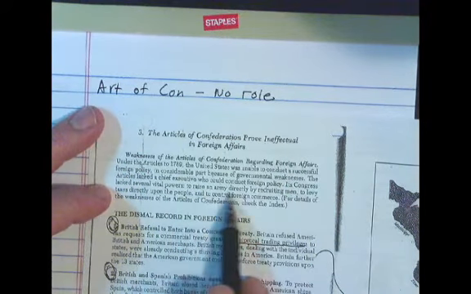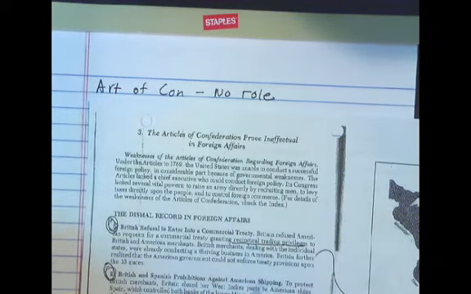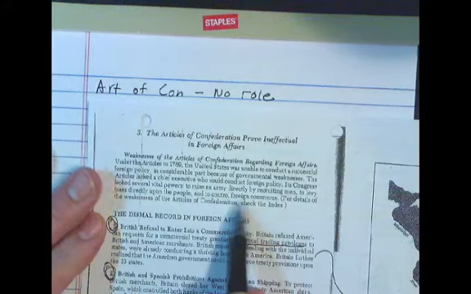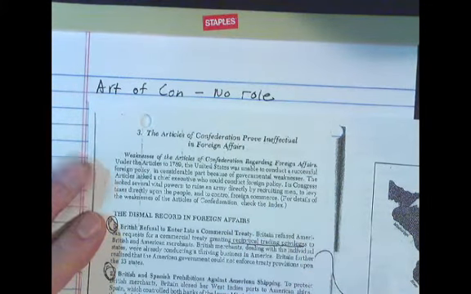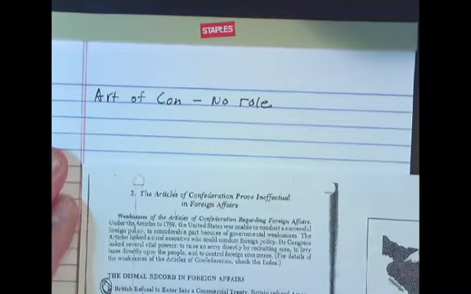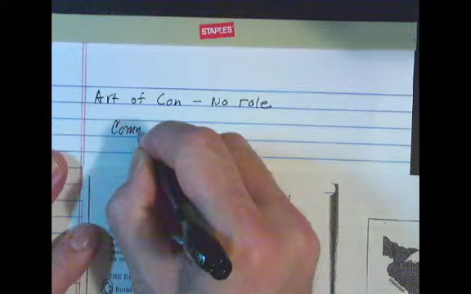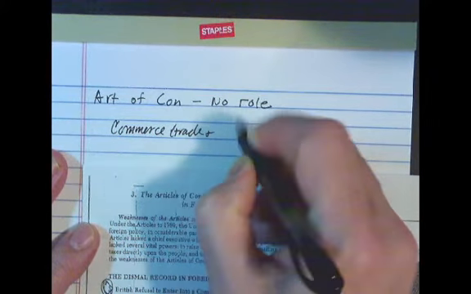They lacked an army, and they could not get tax money to create one, and they also could not control or deal with foreign commerce with other nations. So the first thing we'll talk about is the commerce, which of course is trade and business.